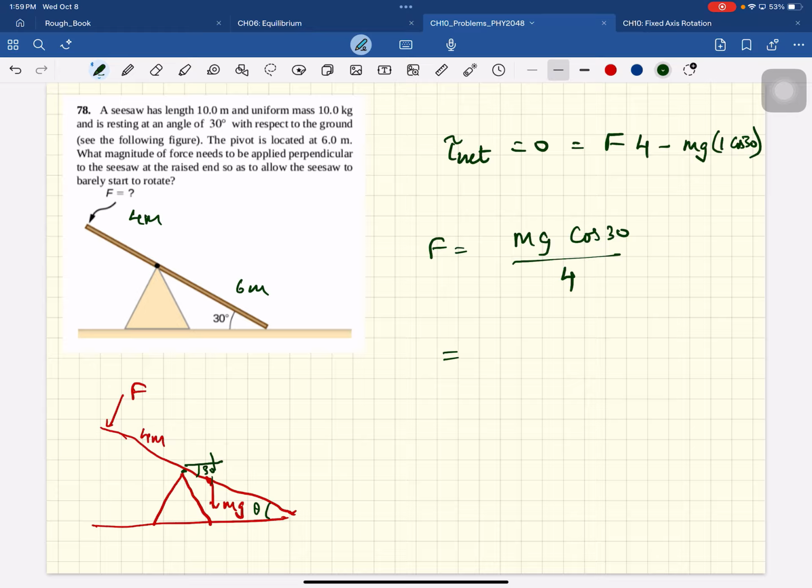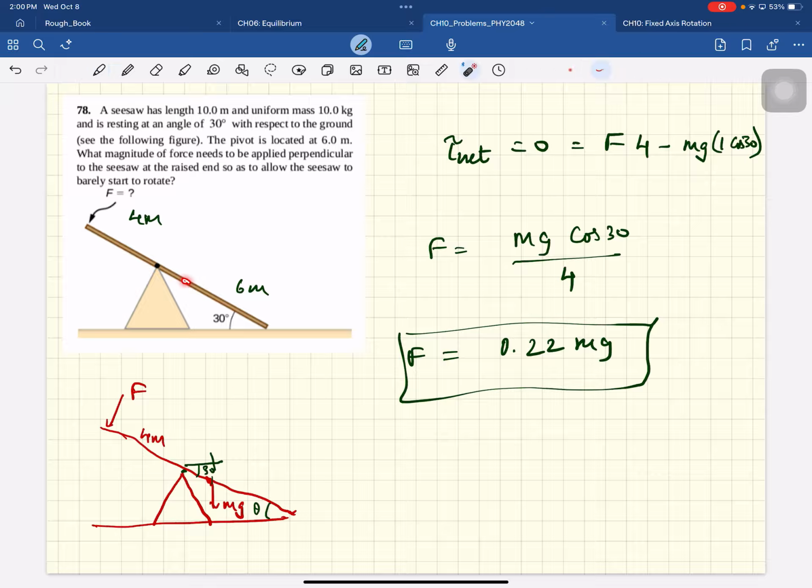And m was 10 kg. Well, actually, I'll calculate it in terms of the weight. So you see the weight is acting there, and you're applying a force.